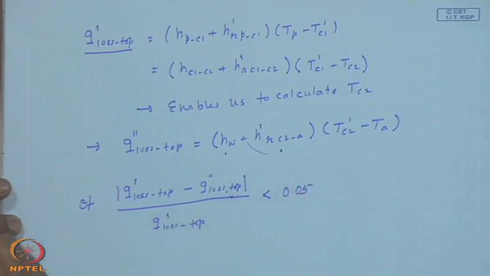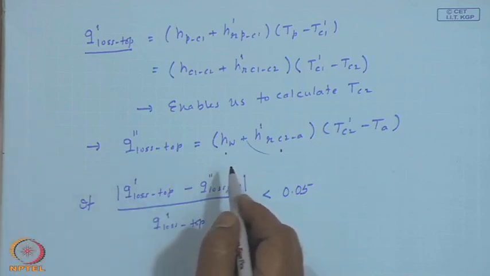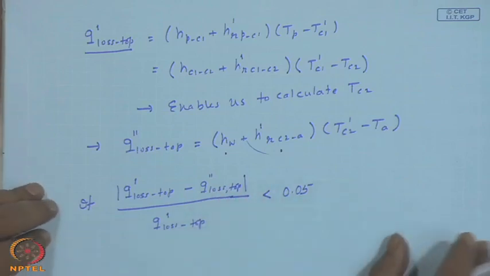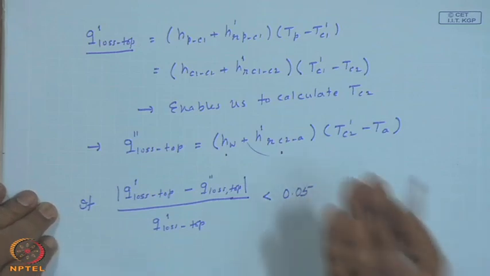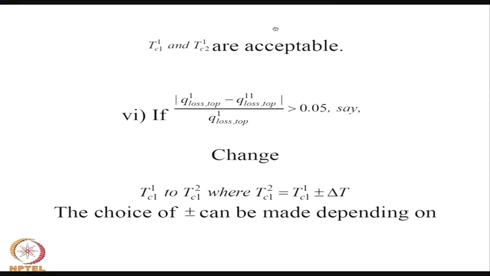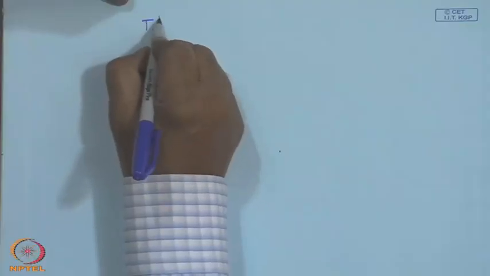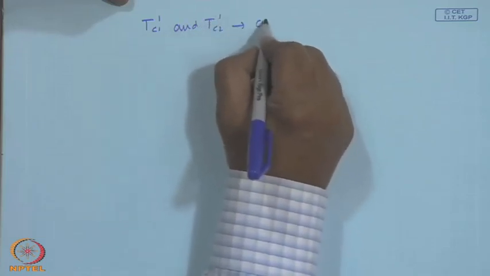That means the guessed heat transfer from the top, because of a guessed cover temperature, should balance with the outgoing heat loss. As a consequence, these two should not differ by more than 5%. I may set it as 2% or 10% depending upon the accuracy that we need. If this is satisfied, Tc1^1 and Tc2^1 are acceptable.